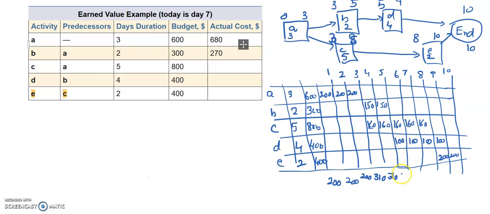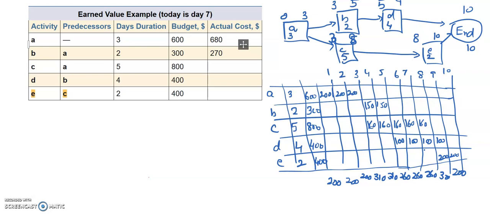This is 260, 260, and 260 again. This is 100 plus 200, which is 300. And then this is 200.